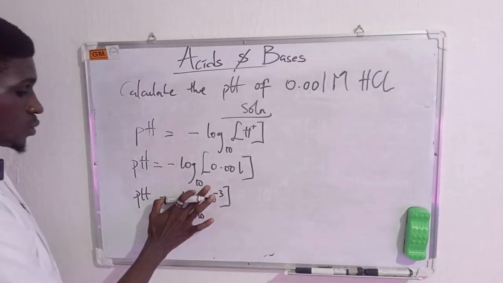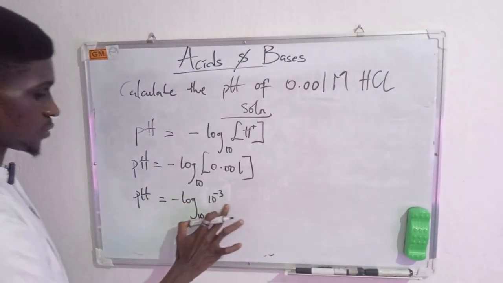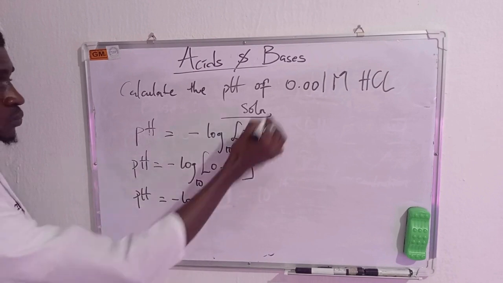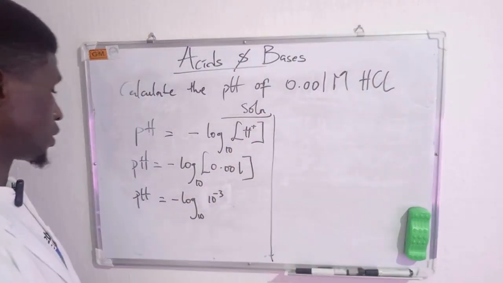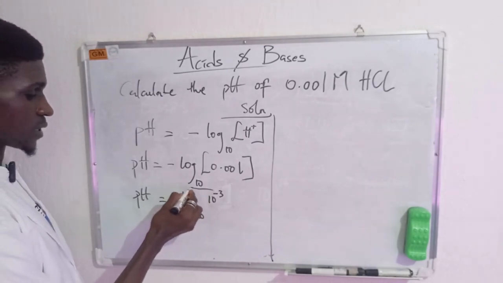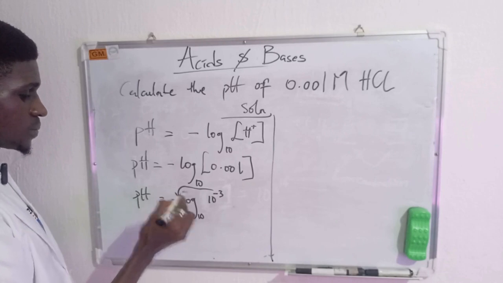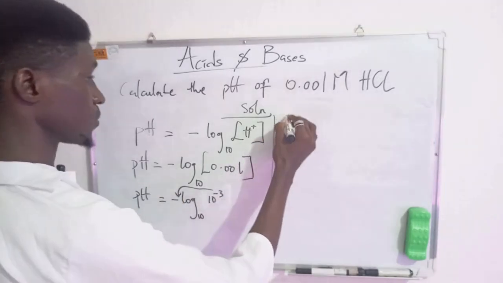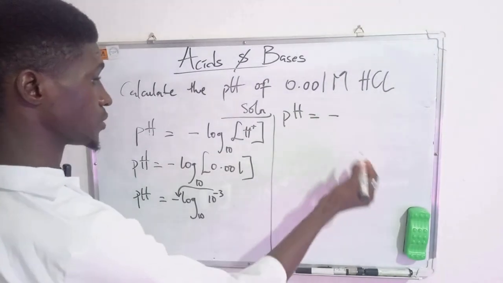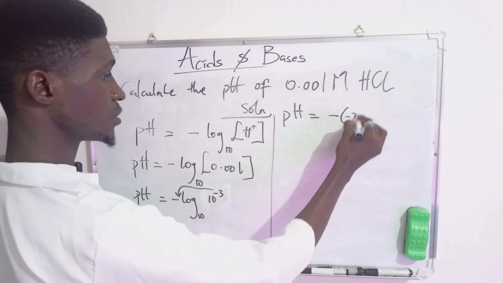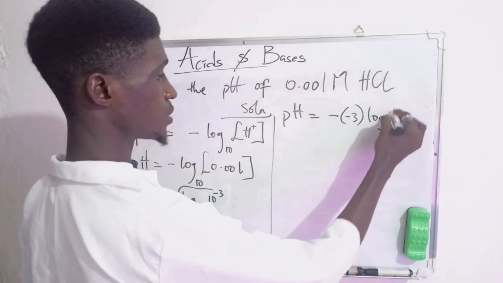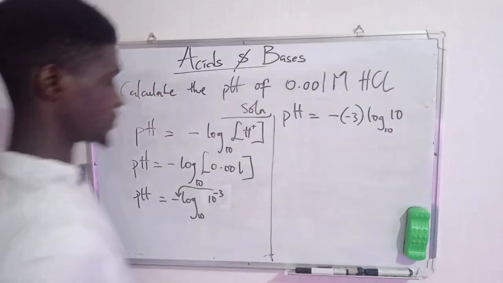Now we can remove this character. According to a law in logarithm, you can bring this 3 to this place. You have pH equal to minus, we are bringing the minus 3 here, are you following? Then log 10.